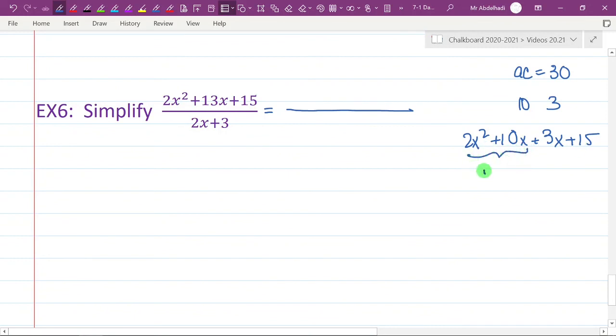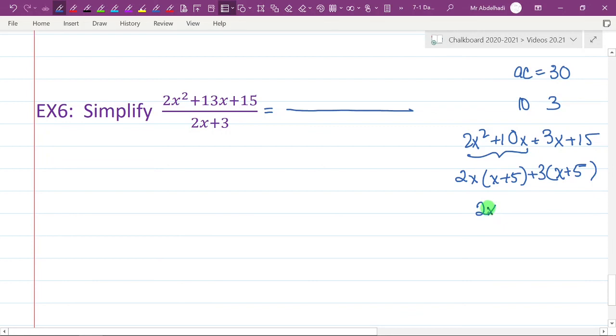The GCF here looks like it's going to be 2x, leaving you with an x plus 5, right? And here, in order for factor by grouping to work, this also has to be an x plus 5, right? So I'm going to start with that assumption and say, is there a number that I can put here that would make this true? And yeah, it's 3, positive 3. And if you distribute that, it checks out.